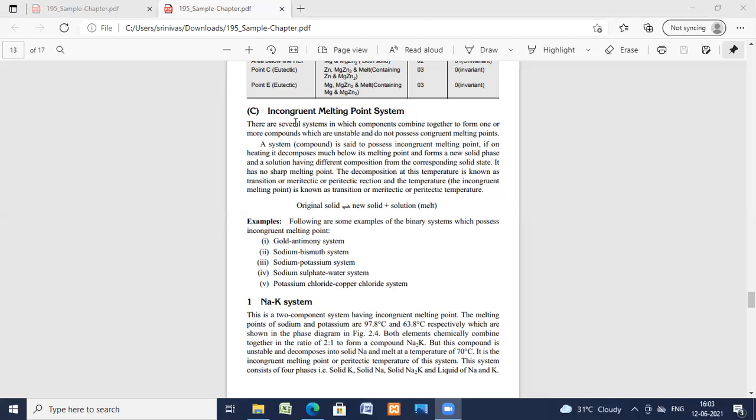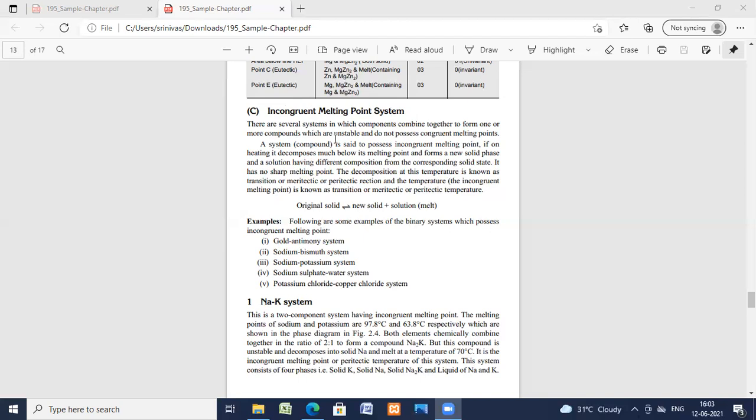F plus P is equal to C plus 2. That is the Gibbs phase rule. F is equal to C minus P plus 2.